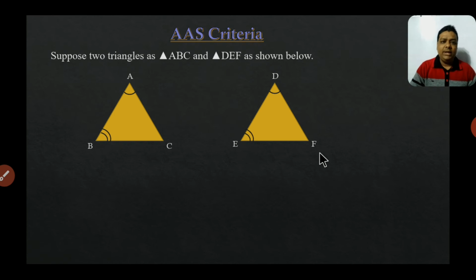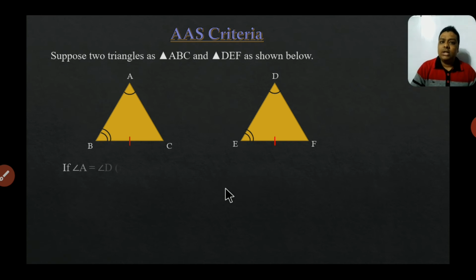Okay, no problem. Any two angles, but they should be adjacent. And the side after that. If we have written A first and D, then B and E, then we are going in the anti-clockwise direction. So in that case BC should be equal to EF.